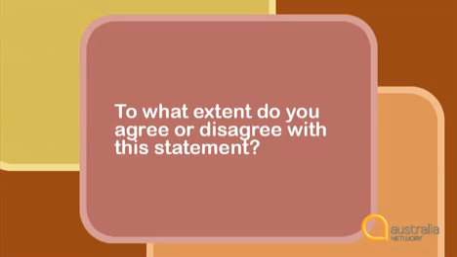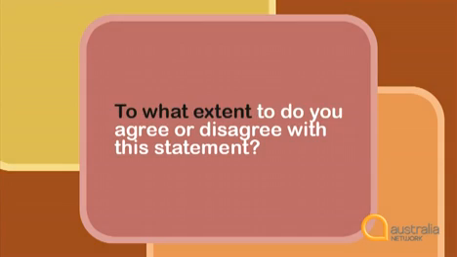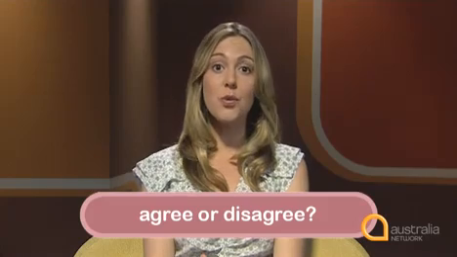The next thing to look at is the question task. To what extent do you agree or disagree with this statement? To what extent means by how much. Here you're being asked to give your opinion about the statement. You might agree with it, or you might think it is wrong.